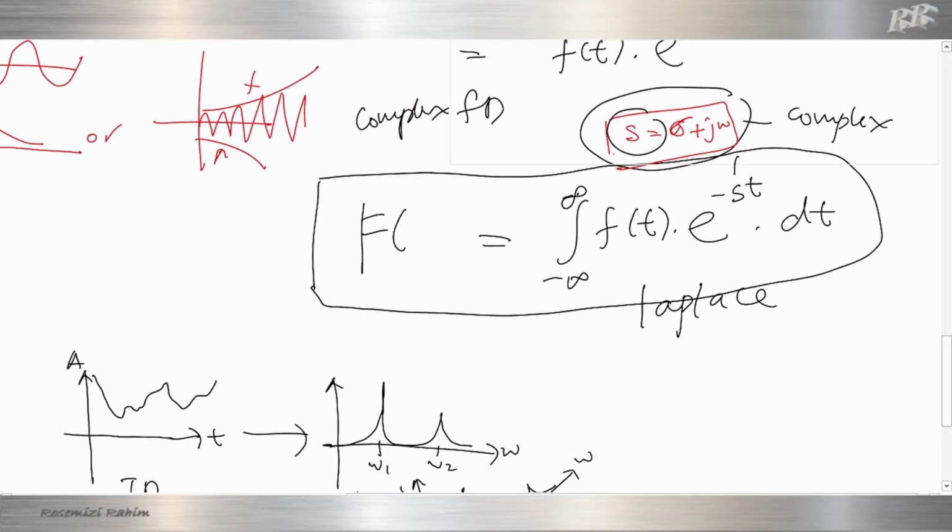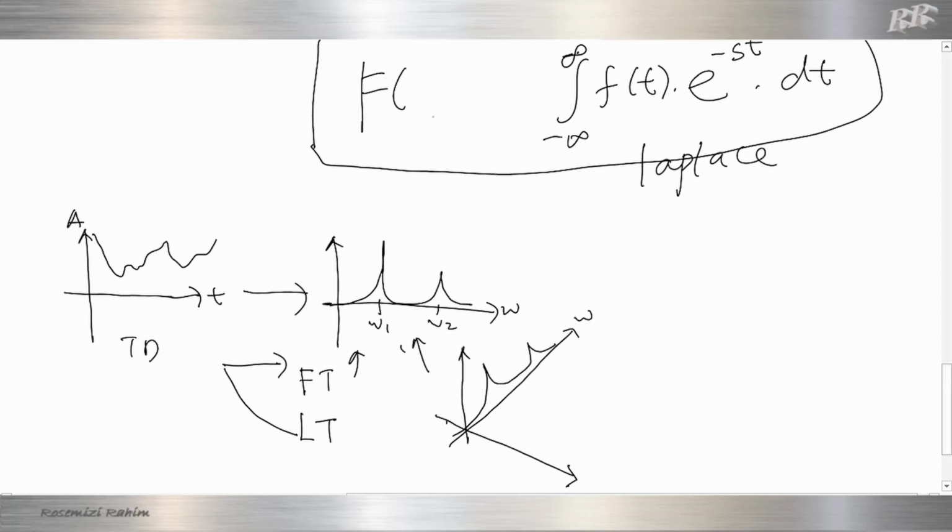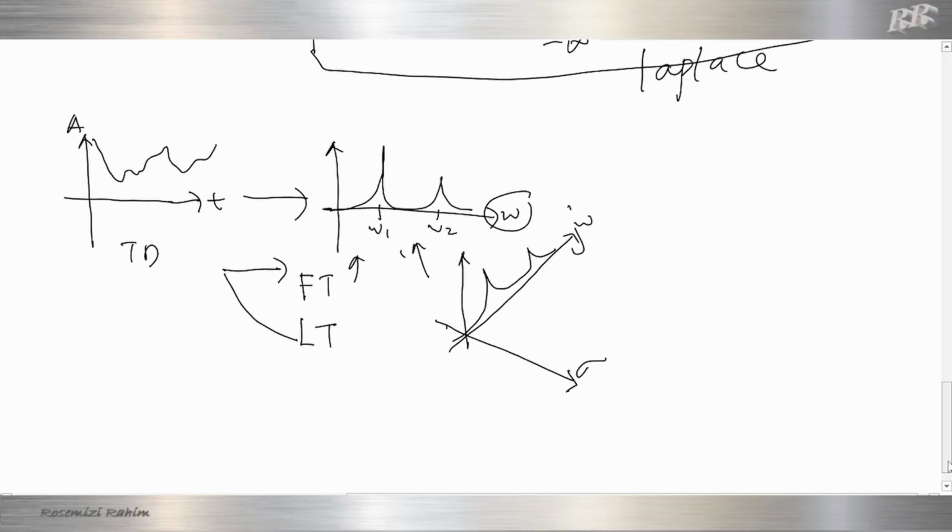Because we have a complex number, sigma plus j omega. So now this axis will become j omega, the imaginary axis, and this is sigma, or real. This is imaginary, here is the real axis.